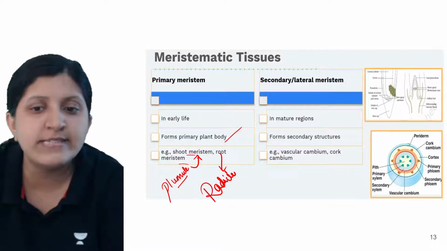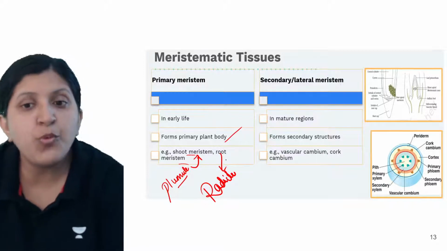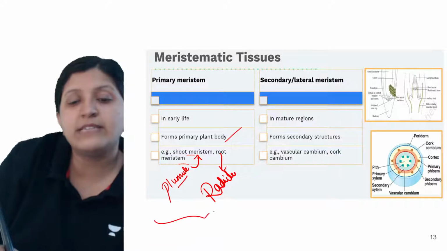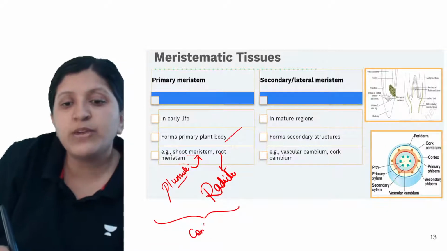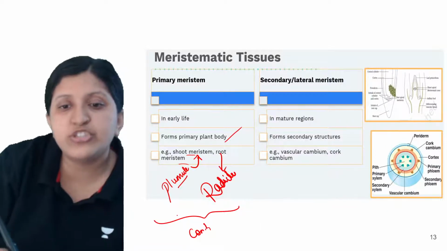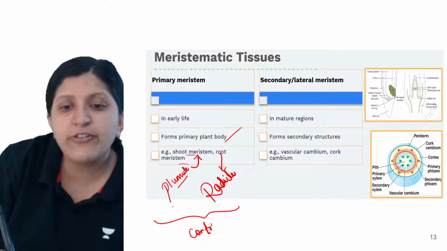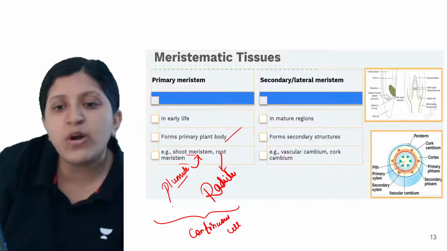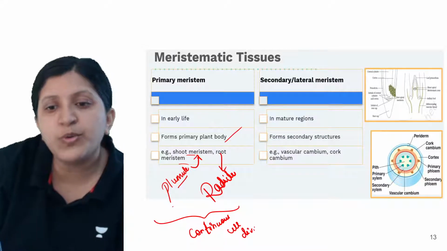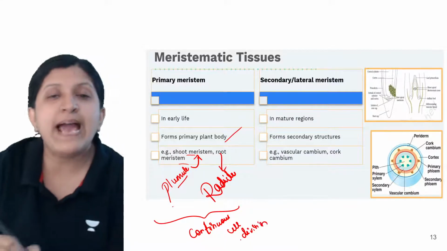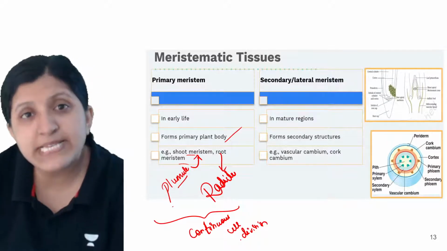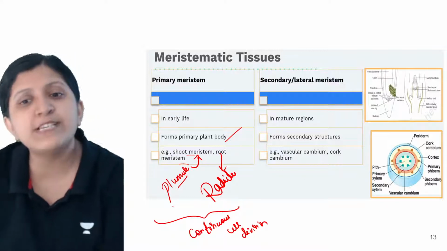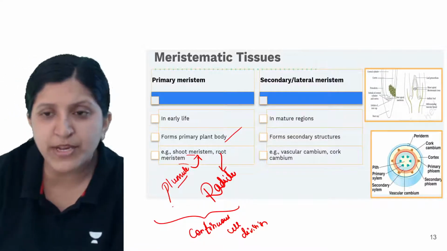The radicle has meristematic tissue with continuous cell division. With continuous cell division, the plant is going to increase in height, and there is also an increase in girth or width of the plant. That is mainly with respect to the primary meristem.